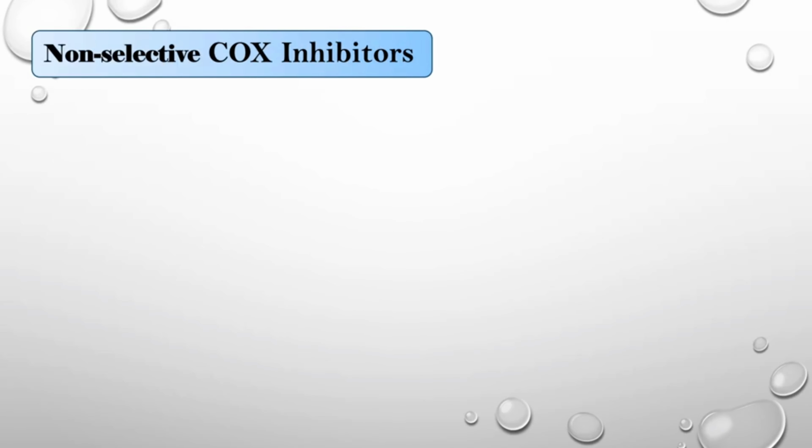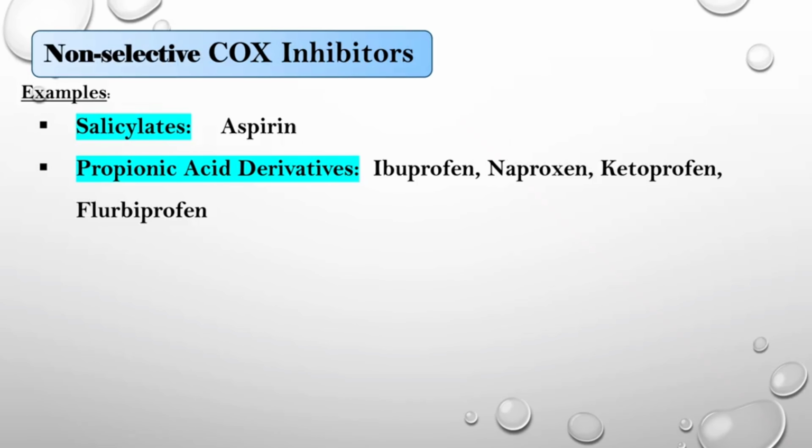Next, non-selective COX inhibitors. Examples include salicylates. Salicylate, example aspirin. Propionic acid derivatives, examples ibuprofen, naproxen, ketoprofen, flurbiprofen. Next, fenamate, mefenamic acid.